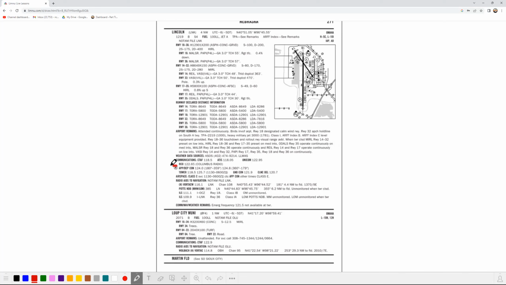So yeah, it's talking about approach departure control right here. So this is what's going to give you this, plus the tower, ground control, and clearance delivery right here. These are going to give you those services. So you have to know, and I'm blanking on it right now.